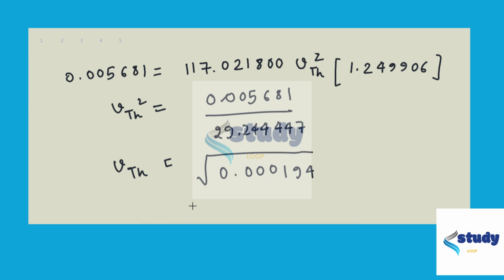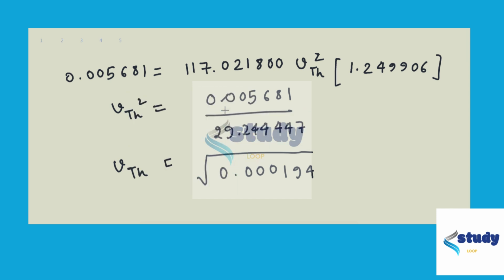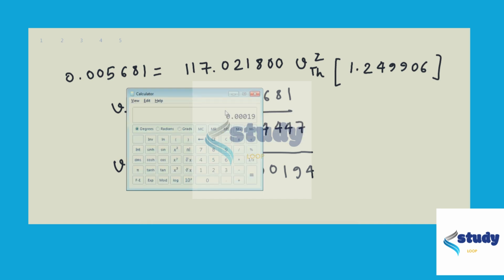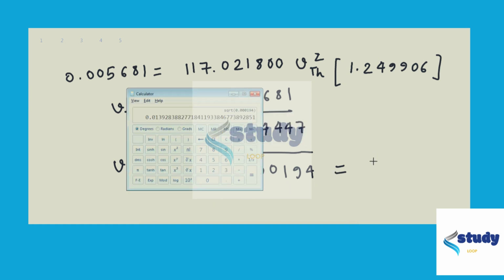So you need to find this. If we take a square root here, what do you get? 0.014.